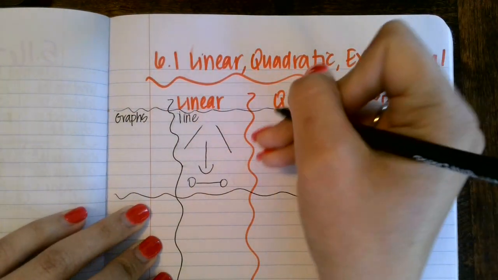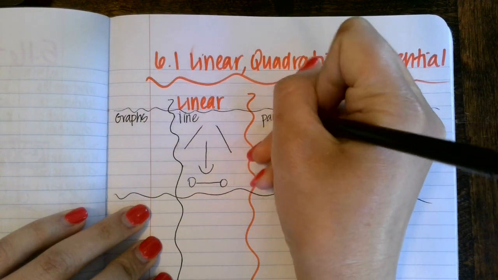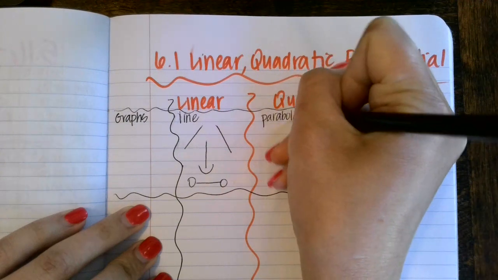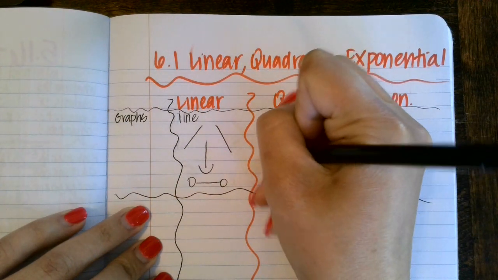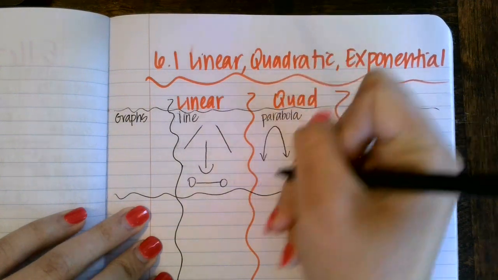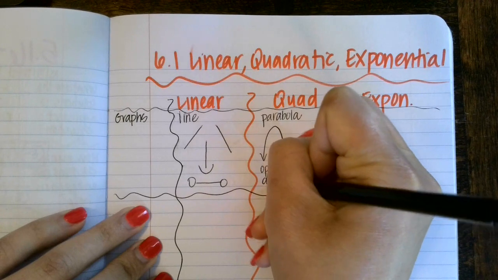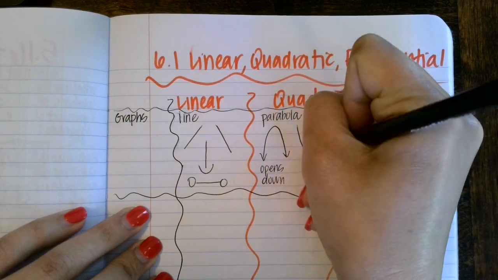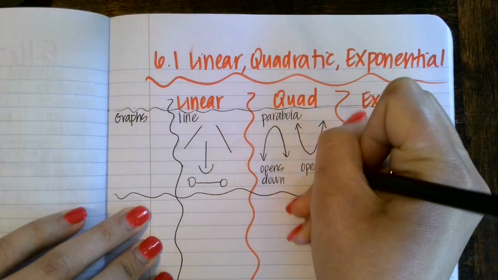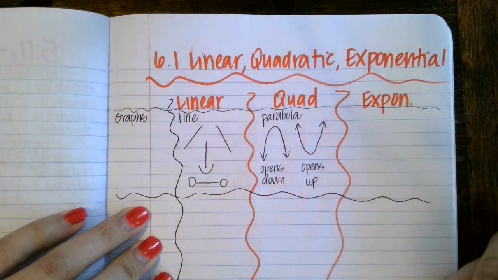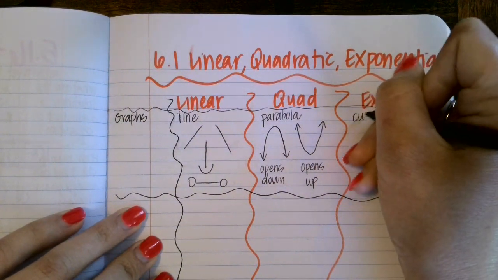Our quadratic equation forms a parabola. There are 2 different ways that we can represent our parabola. This one opens down like a frown, and this parabola opens up like a U. An exponential equation forms what's called a curve.